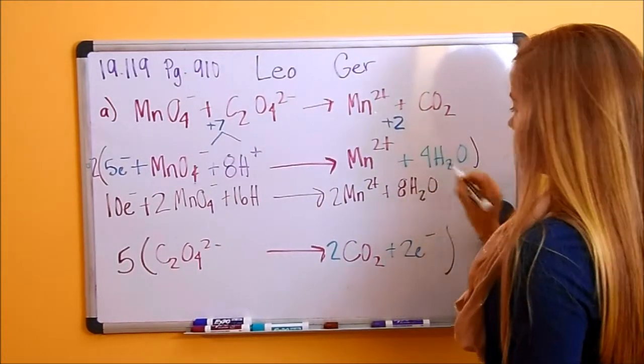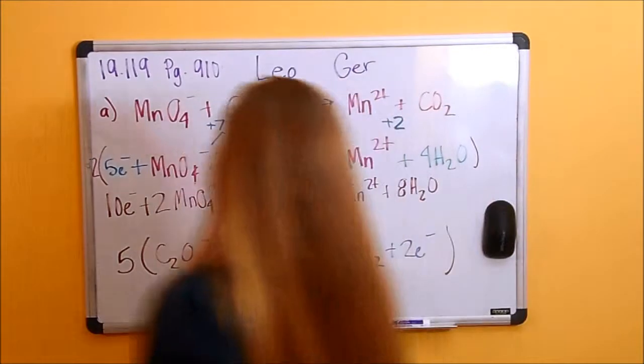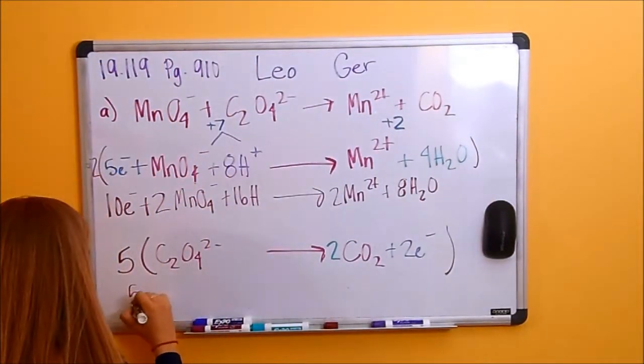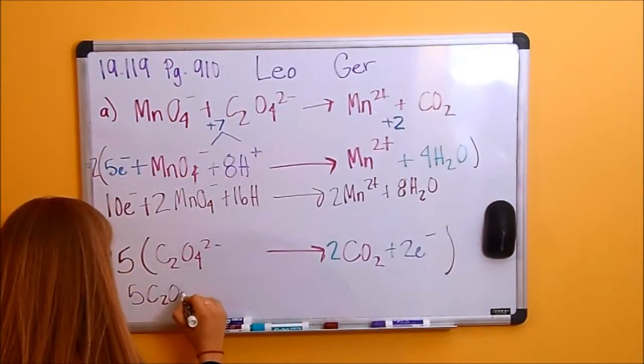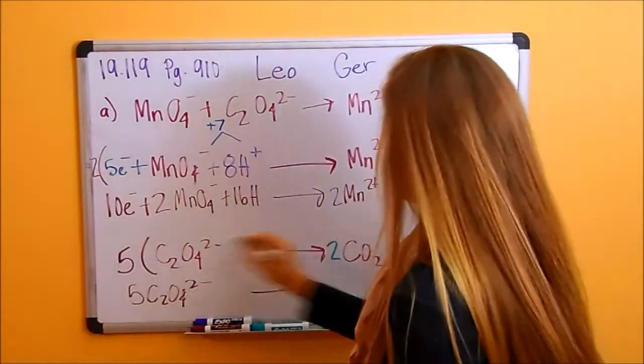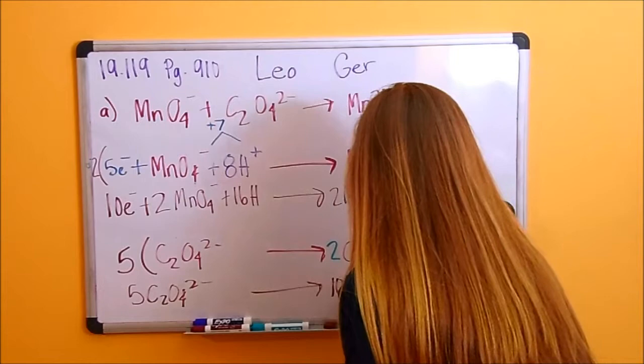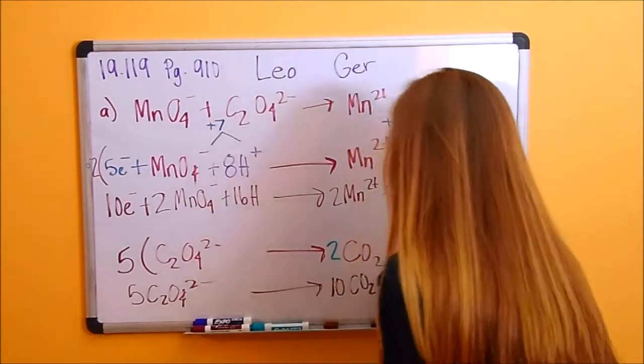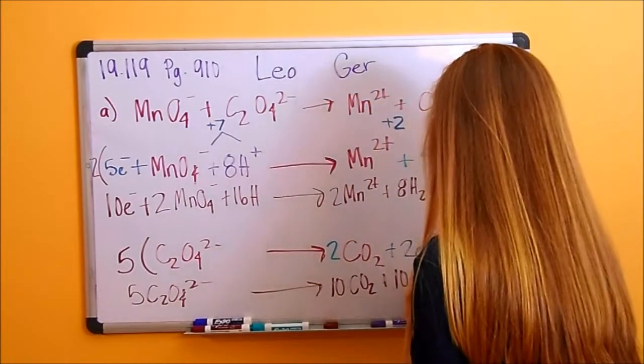And we're going to do the same for the bottom. So we have 5 C2O4 2 minus, which goes to 5 times 2, 10 CO2 plus 10e minus.